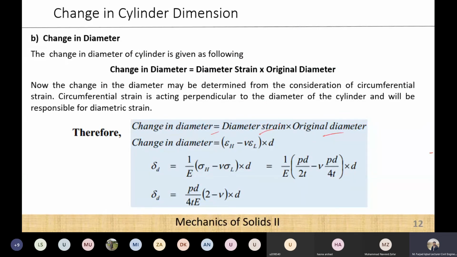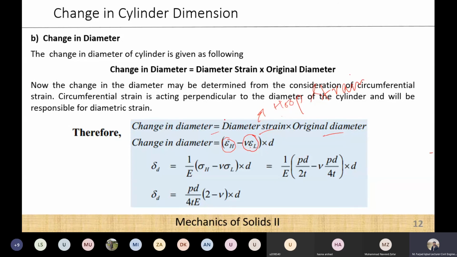That is the hoop strain. Again, the concept is the same: when strain is produced in one direction, it will be reduced by a certain factor because of the strain produced in the mutually perpendicular direction. The actual strain is produced in this direction, epsilon h, and the reduction will occur due to the strain produced in the longitudinal direction.